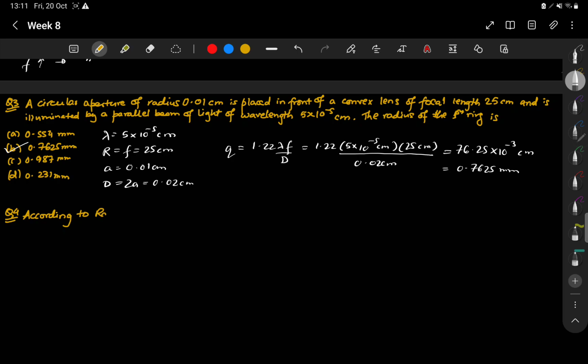According to Rayleigh's criteria, to just resolve images of 2-point sources, one requires... four options would be there.